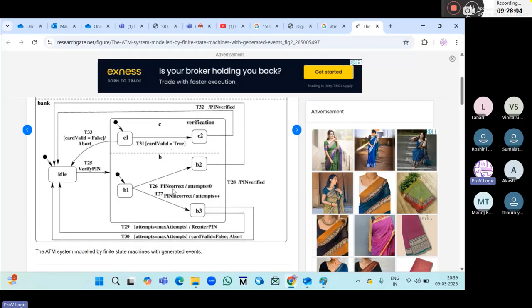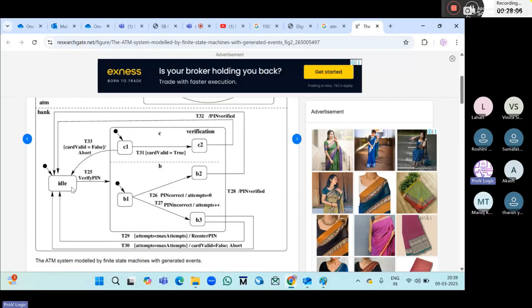If you go to a bank, from idle, the first state is nothing but idle or setup. We can call it anything. Here we have verify the pin, and then card, here pin correct or attempts. Sometimes we'll have a limit on the number of attempts, 2 attempts or 3 attempts.